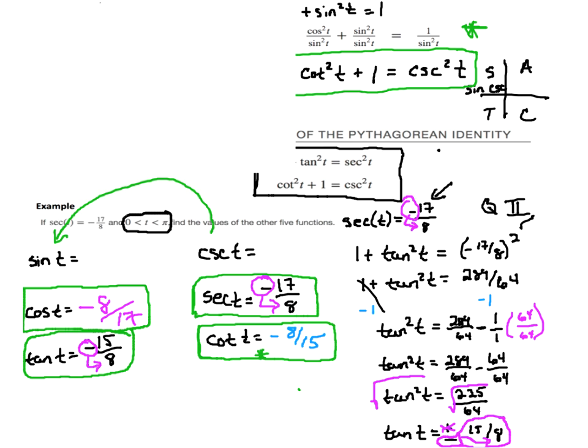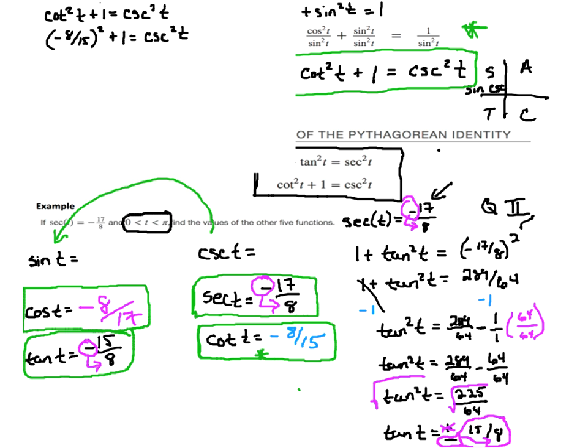Okay, so we have the Pythagorean identity that the cotangent squared of t plus 1 equals the cosecant squared of t. And we already know our cotangent. Our cotangent is -8/15, and that squared plus 1 should equal the cosecant squared of t.